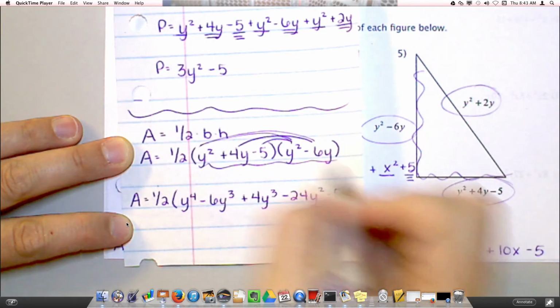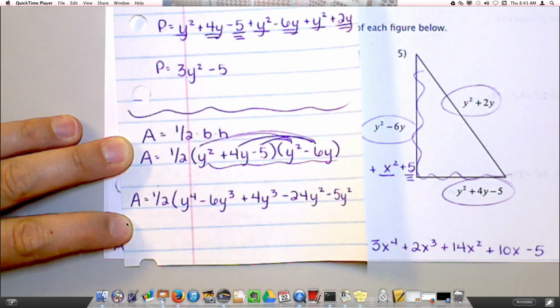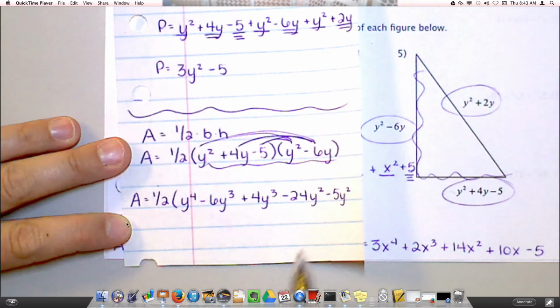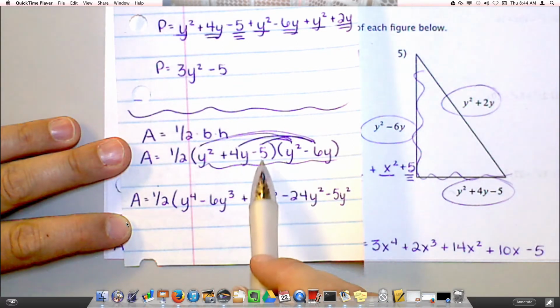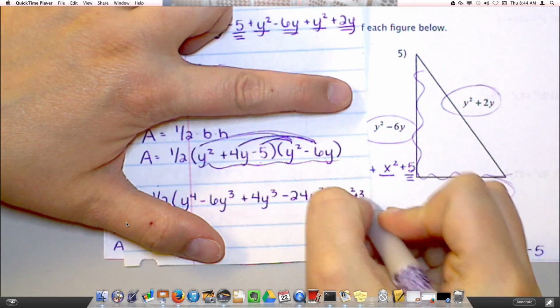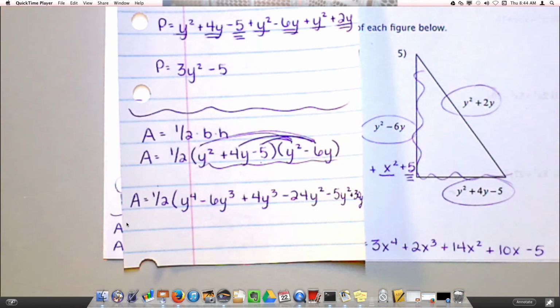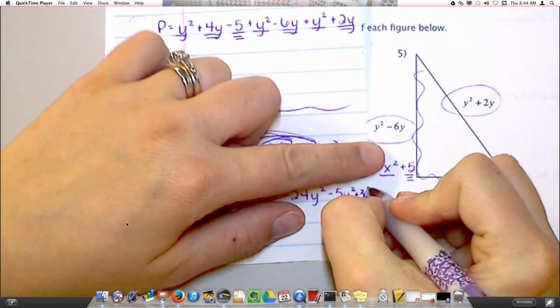And negative 5 times negative 6y would be positive 30y. Were you able to follow that okay? Got a little lost there in the middle. But there are your 6 terms.